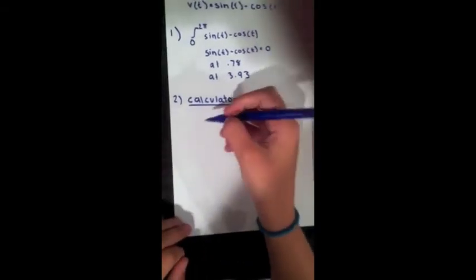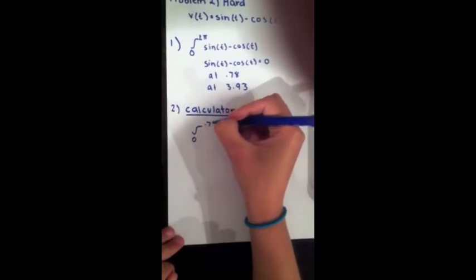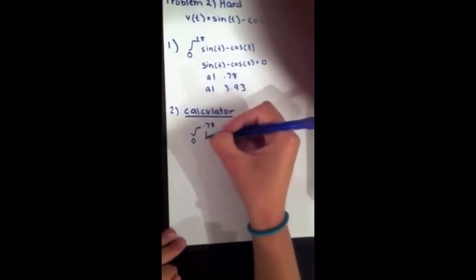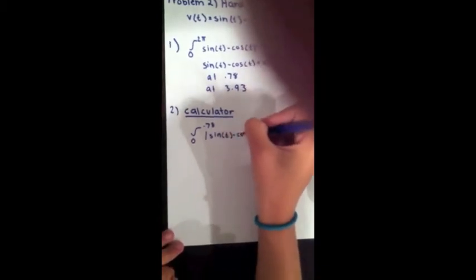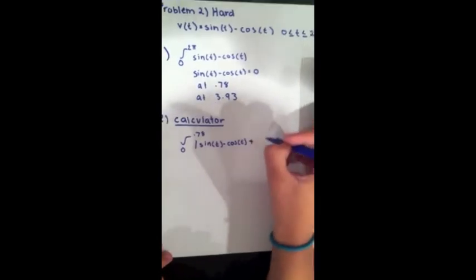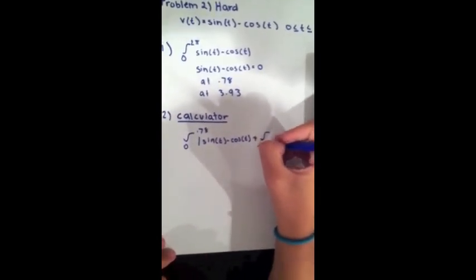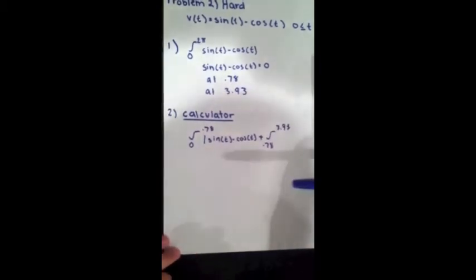The first interval goes from 0 to 0.78, and then absolute value of sine t minus cosine t. And then you add that to the integral from 0.78 to 3.93.